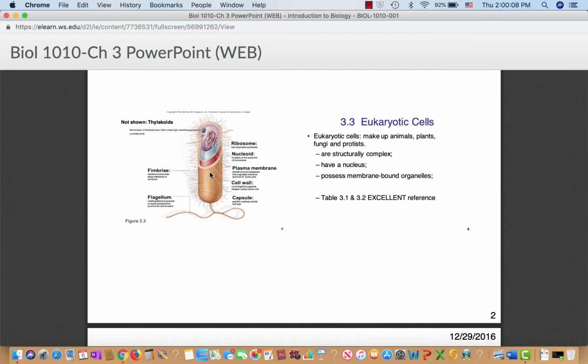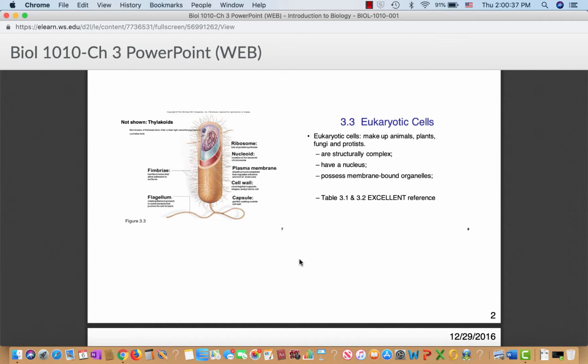The capsule is an outer coating outside the cell wall. Then you have the cell wall, plasma membrane, and the nucleoid, which is not a true nucleus, because again, they don't have a nice membrane-bound nucleus, but they kind of have the chromosomes sort of clustered somewhere, and that's what we call the nucleoid. And then you can see speckled throughout here little ribosomes for protein synthesis.